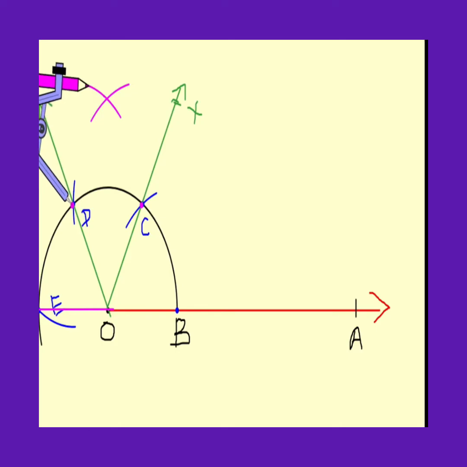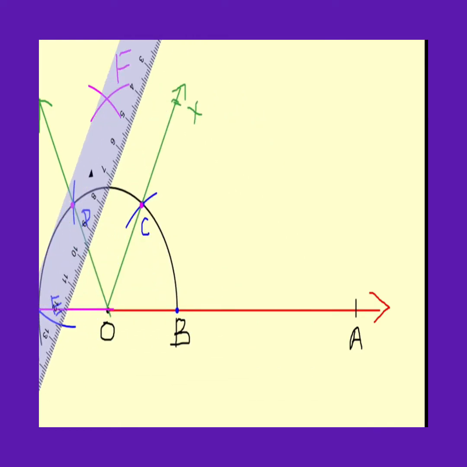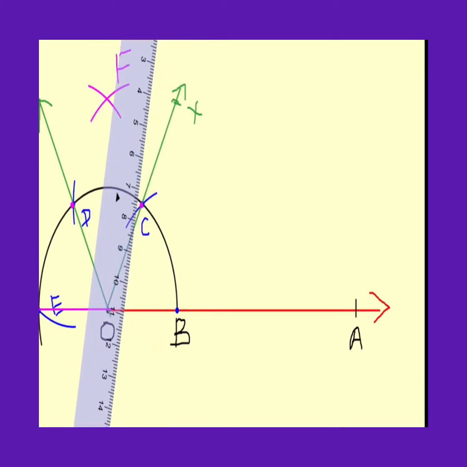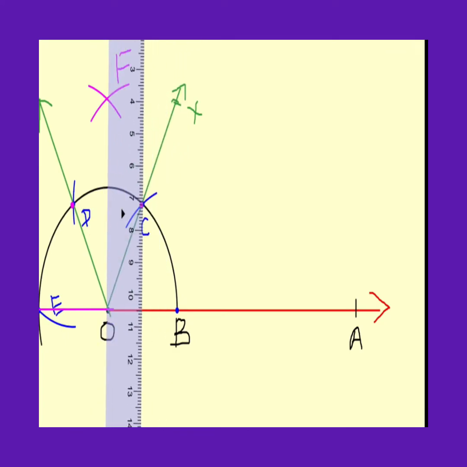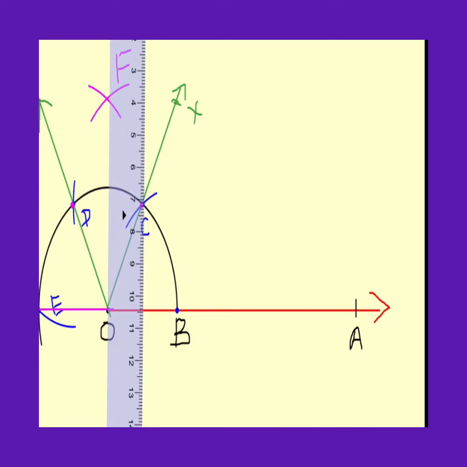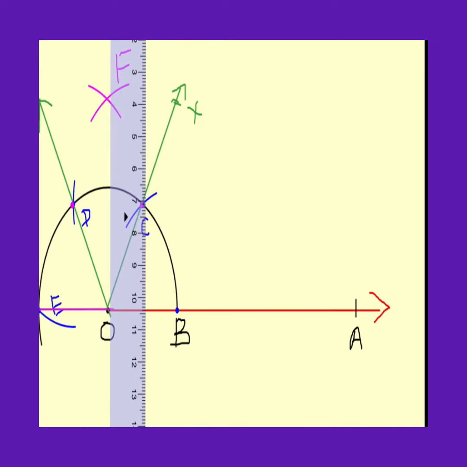Let this point be F. We will mark the point as F, and again you will take the ruler and join this point F to the point O with a dotted line. Then you will get angle 90 degree.